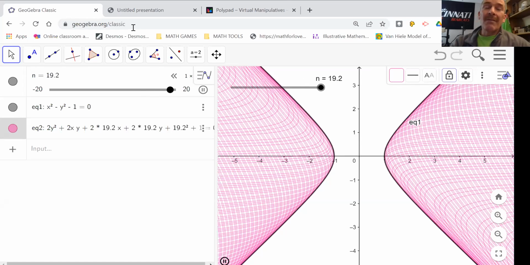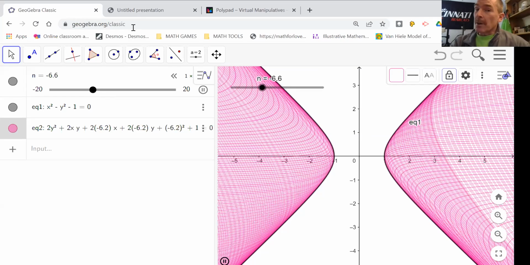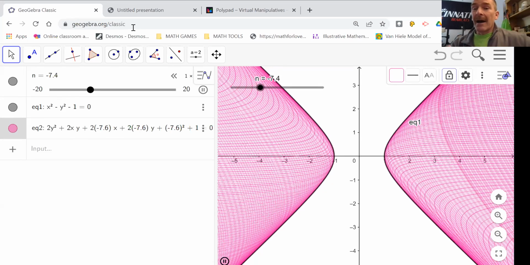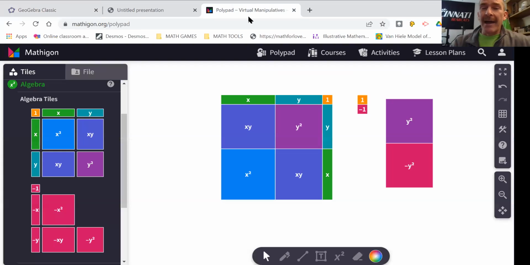So this idea of completing the square, it works for algebra cubes. So if you wanted to go into 3 dimensions and do things with cubic equations, you can do that. I'm just staying down here in the plane and taking advantage of the different tiles in the Polypad to make things work.